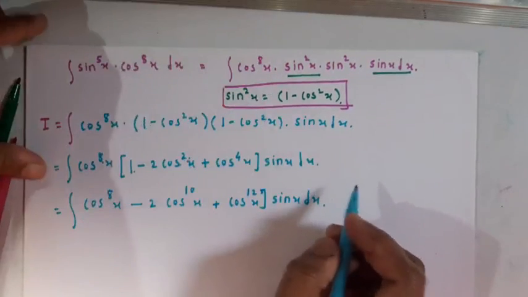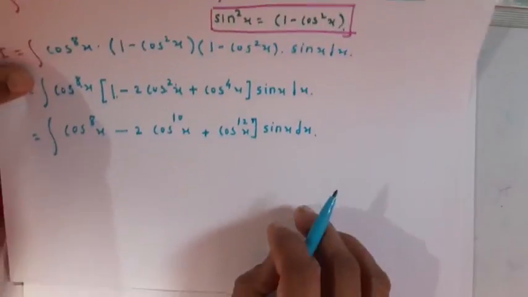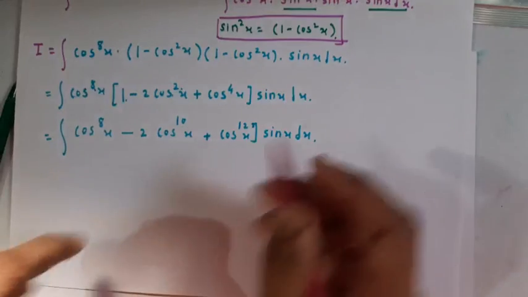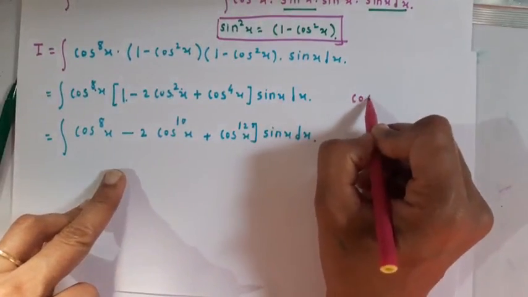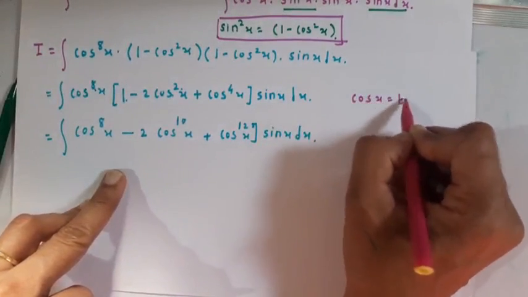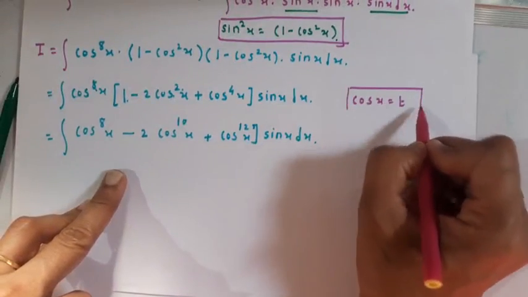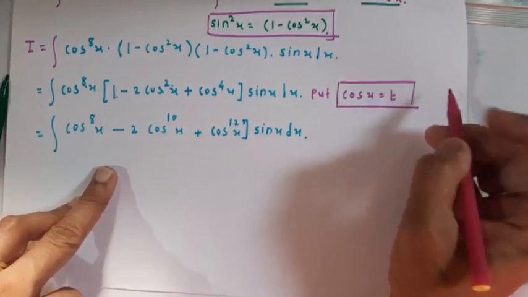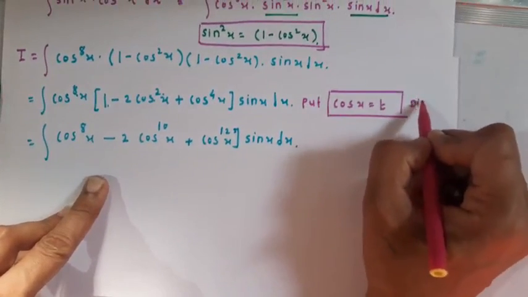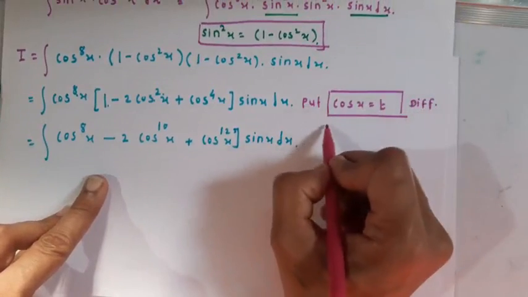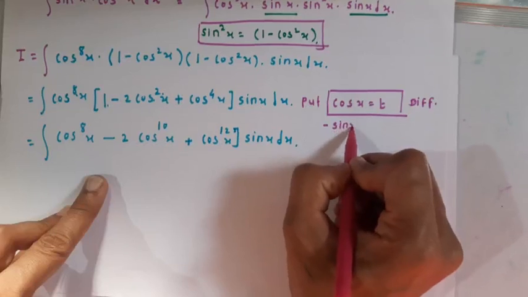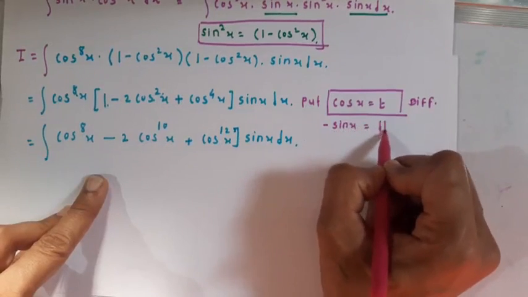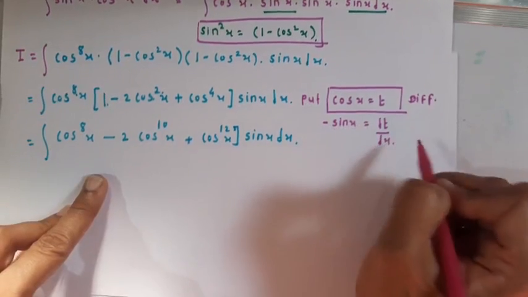Okay students, now we can substitute. Substitute cos x equal to t. That is, put cos x equal to t and differentiate the substitution. We will get minus sin x equal to dt by dx.